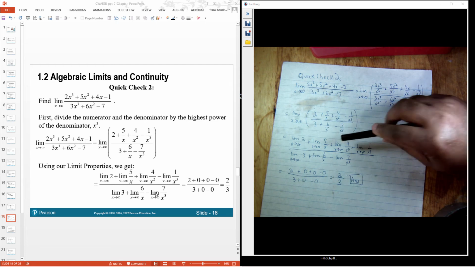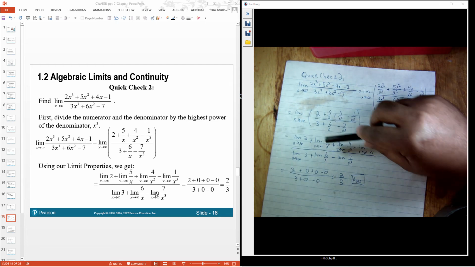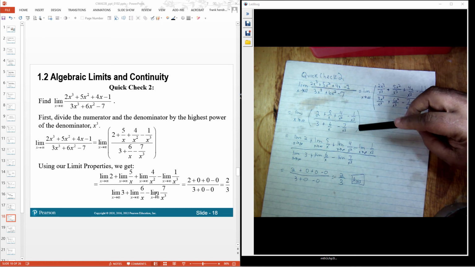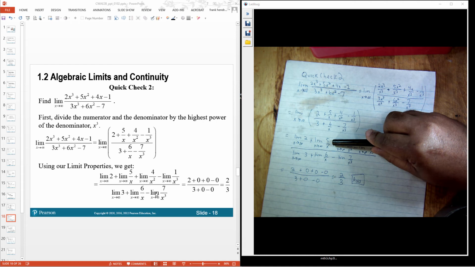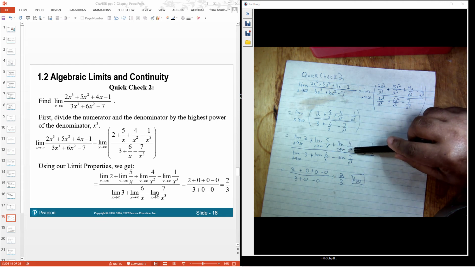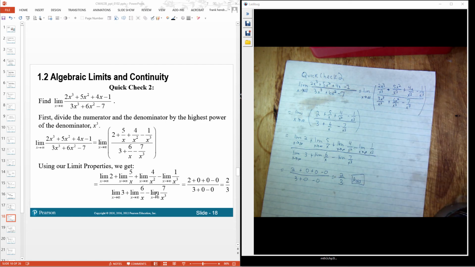Then we take the limit of each term in the numerator and the denominator. Some go to 0 and some will be 1. As x gets large, it gets close to 0. So my final answer is 2/3.